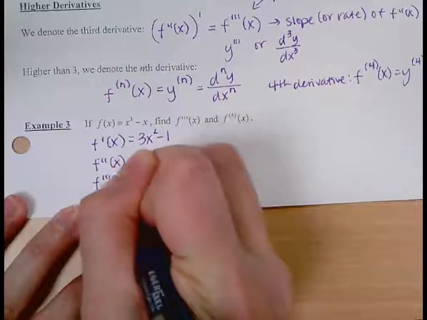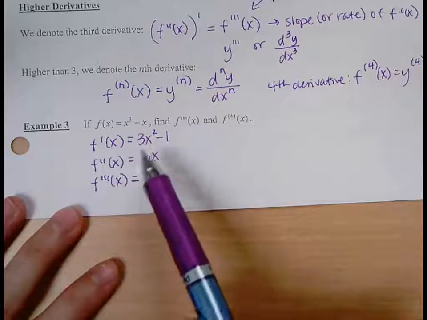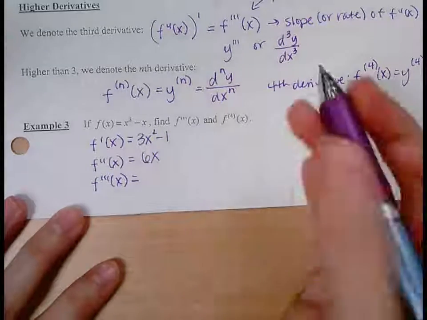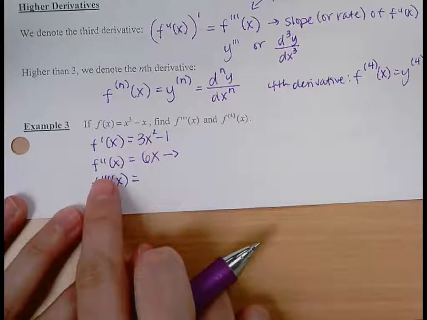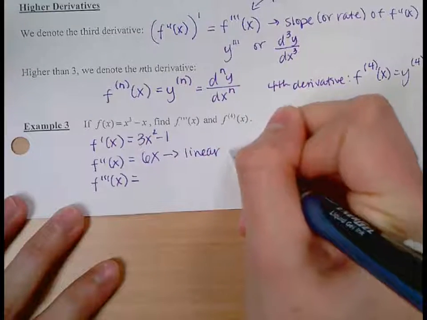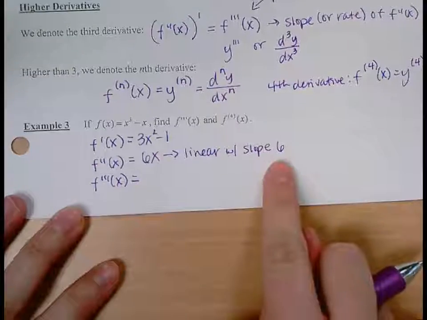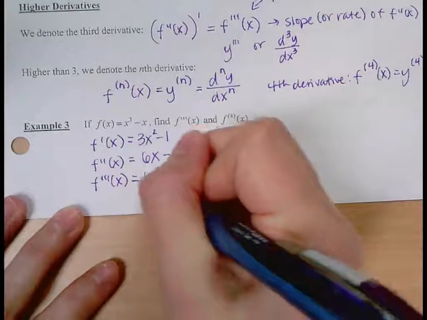So here, I could certainly do the limit with 6x to find the third derivative, but I don't need to, because what type of function is the second derivative? It is a line, it's linear, with a slope of what? And if the derivative is the slope, the derivative is just 6.